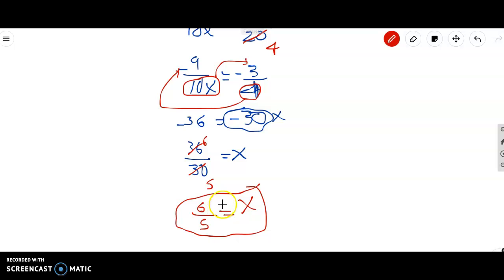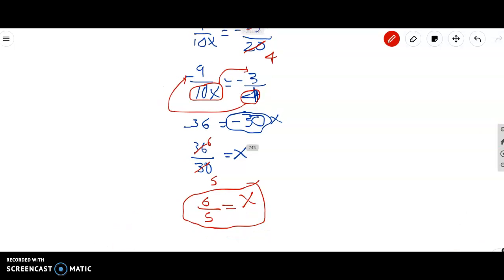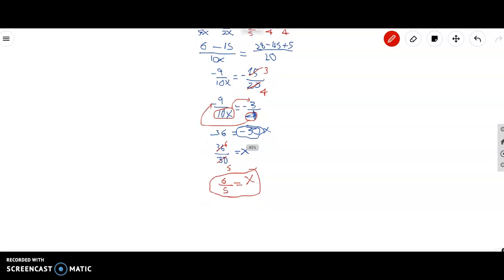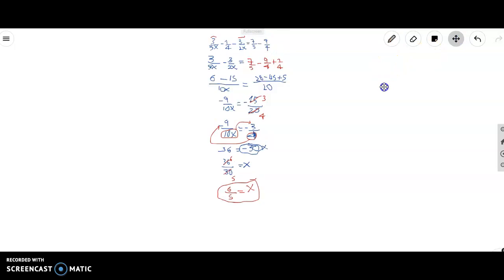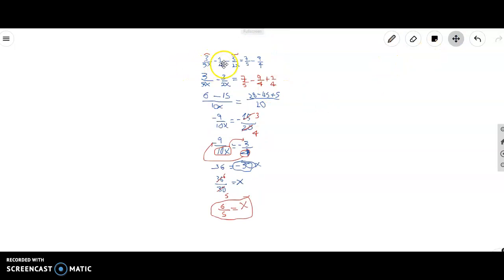We already have found the value of x in this equation, all right? So, guys, remember to follow the steps in an organized way, all right? First, we had the following equation. We had 3 over 5x, all of these. And first, we organize the equation, with all the fractions with variables to the left and all the rational numbers to the right.